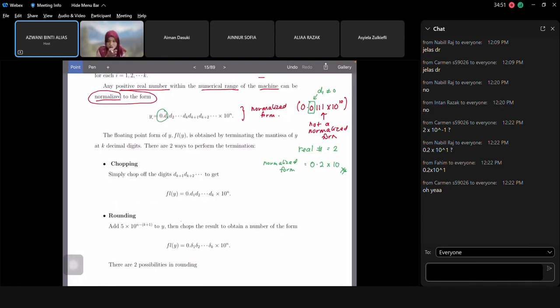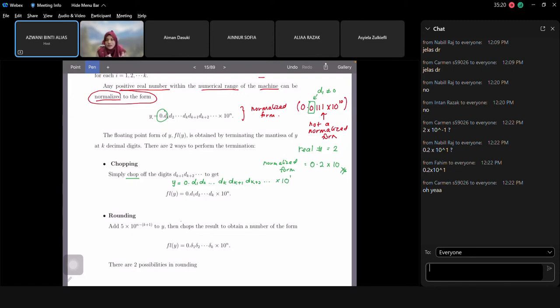Chopping maksudnya terus je simply chop. Okay? Simply chop of the digit. Maksudnya daripada original, let's say y kita tadi, saya rewrite lagi 0.d1, d2 dot ada dk plus 1, dk plus 2 dot tak kisah sampai berapa digit to the power of n.